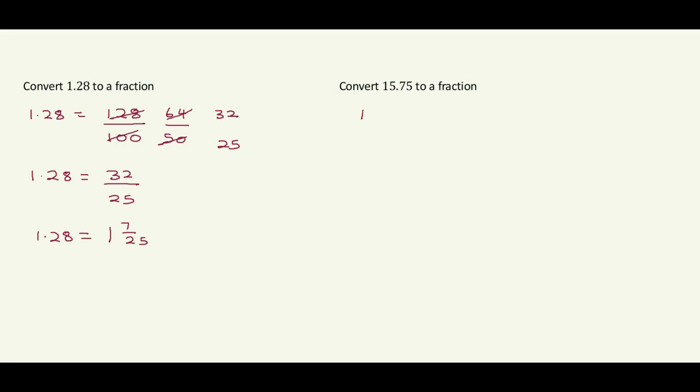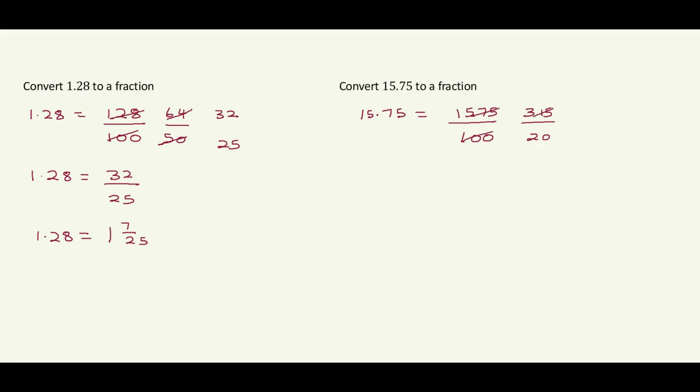For 15.75, we write 1575. We divide by 1, and then we count number of digits, so we have 2. So we divide by 100. So common factor here is 5, so we have 315 divided by 20.